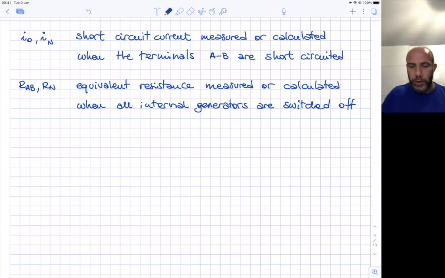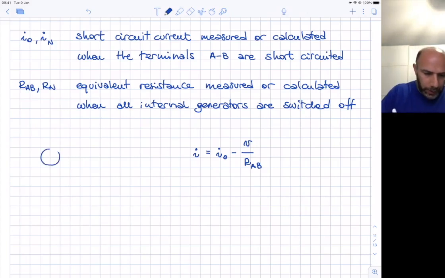The final equation is then the current I equals the short circuit current minus the voltage V divided by RAB. And this equation can be represented by a simple two-terminal component made by a current generator in parallel with a resistor.